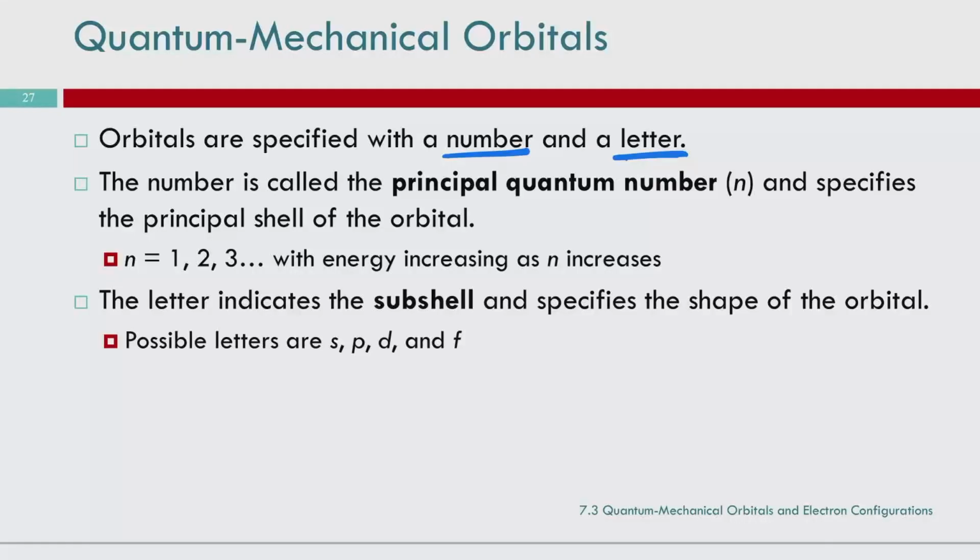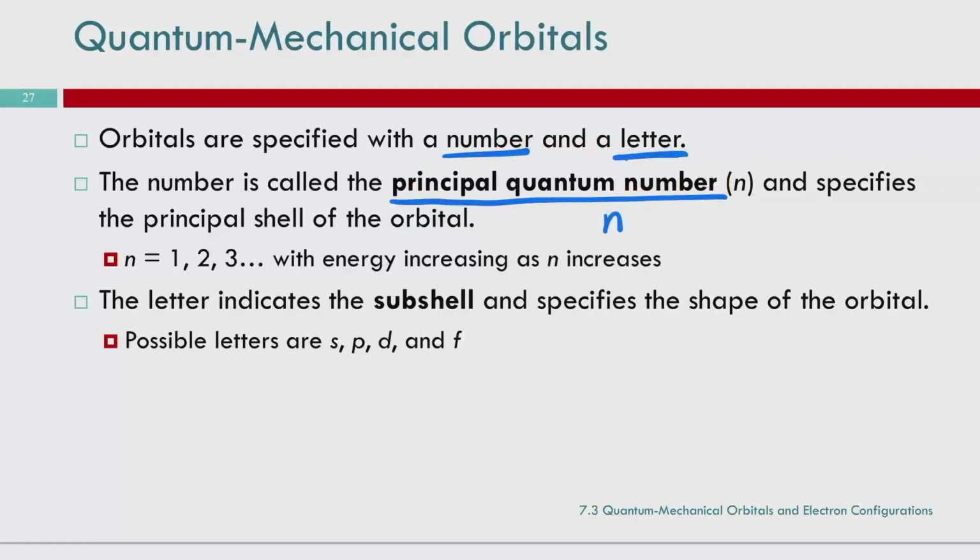The number, we previously were calling the quantum number. Now it's the principal quantum number. It's gotten a promotion. So our principal quantum number, n, it's bolded, that means it's important. N specifies the level of the shell. So when we're thinking about our Bohr model, because that one's easy for us to wrap our minds around, hopefully, the different orbit levels work the same way for a principal quantum number.